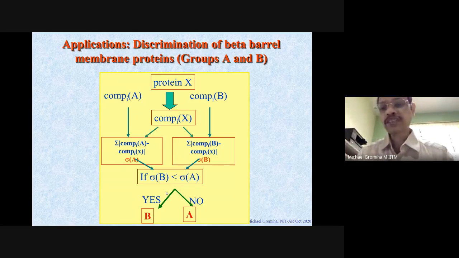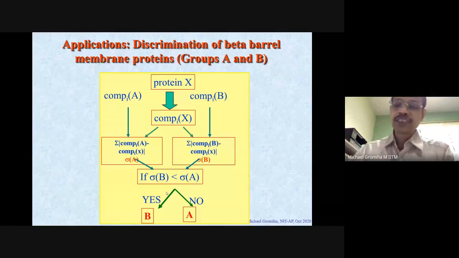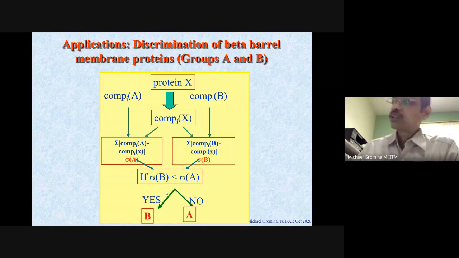There are some cases, yes, where you will get the equal case. In this case, we cannot discriminate using these features. We have to use other features, for example, like I discussed about hydrophobicity. So instead of composition, you calculate the hydrophobicity, compare, and then assign, or you can use the polarity.